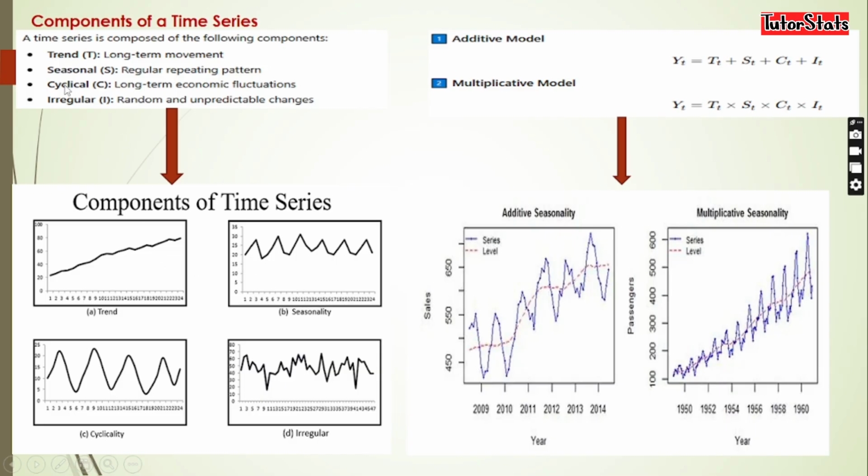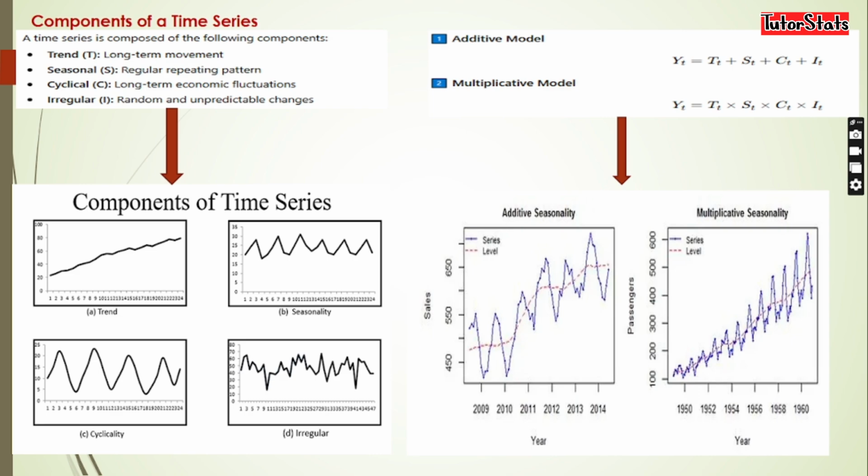The third component is cyclic. Cyclic patterns look similar to seasonality, but they are not fixed. They happen over long periods, usually years. For example, economic boom and recession, rise and fall of the real estate market, business expansion and slowdown.